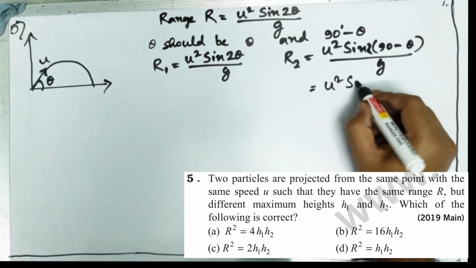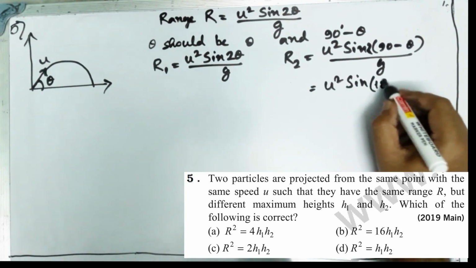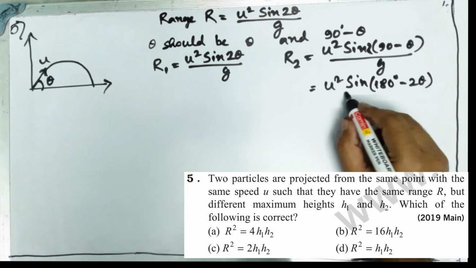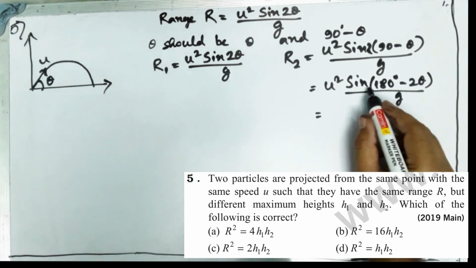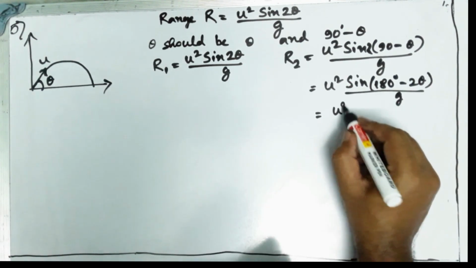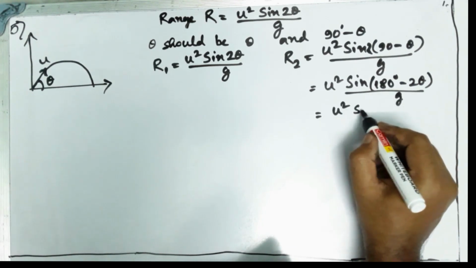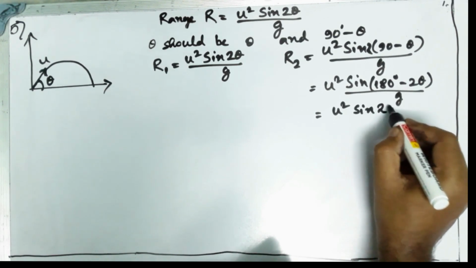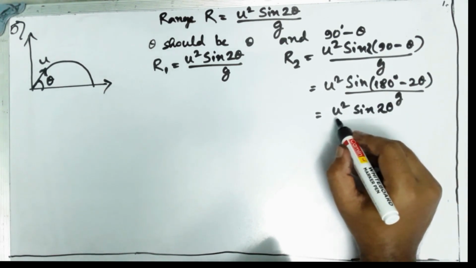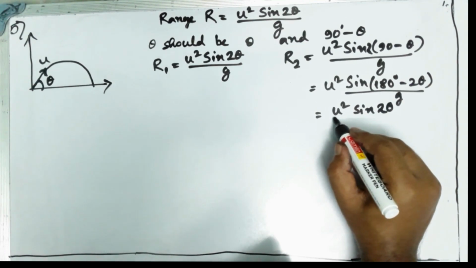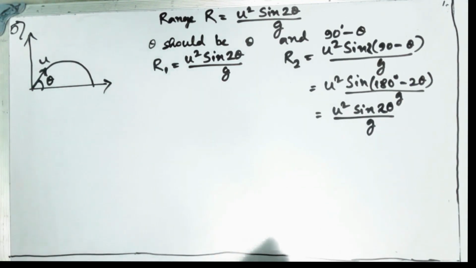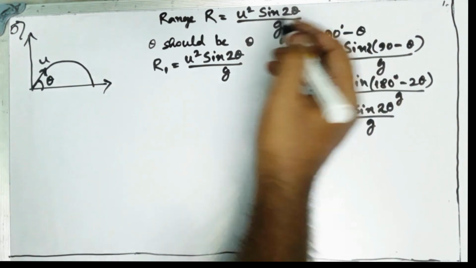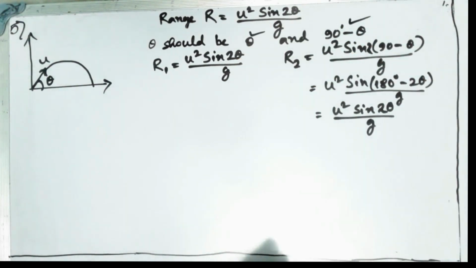This gives us sine of 180 degree minus 2 theta by g. In the second quadrant the value of sine is positive, so this gives us u square sine 2 theta by g. So for the angles theta and 90 degree minus theta, the range is the same for both projectiles.